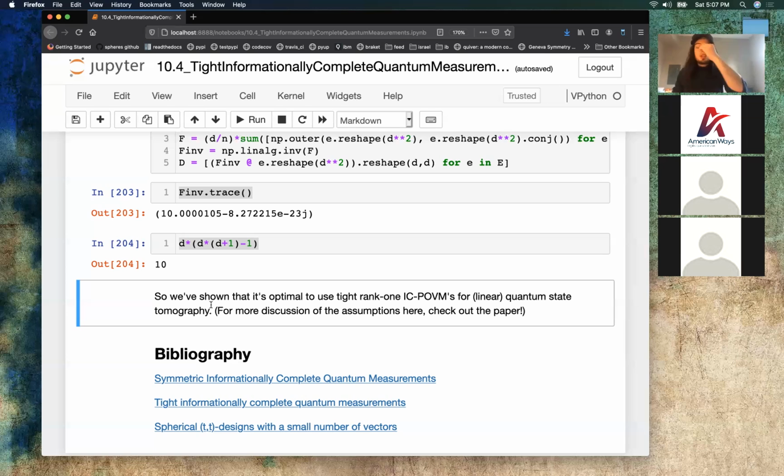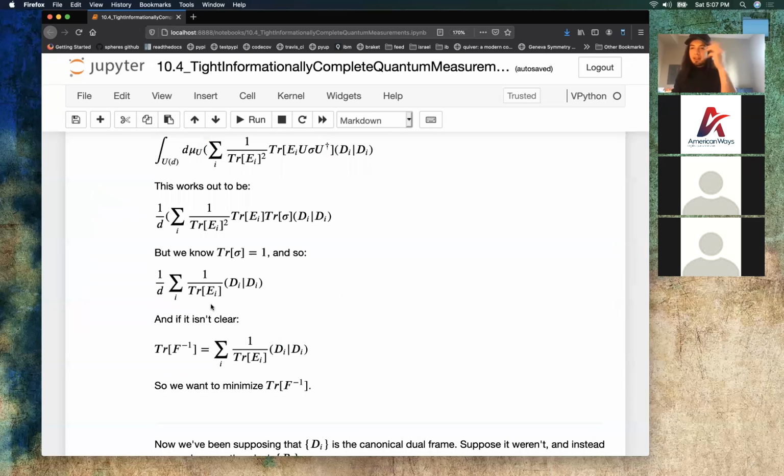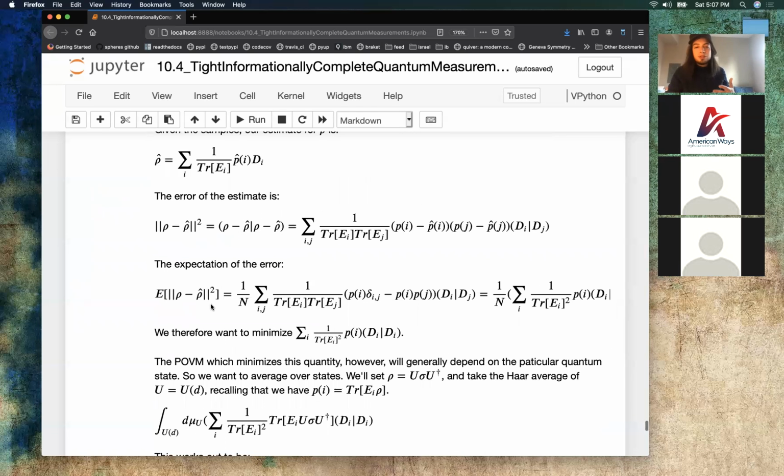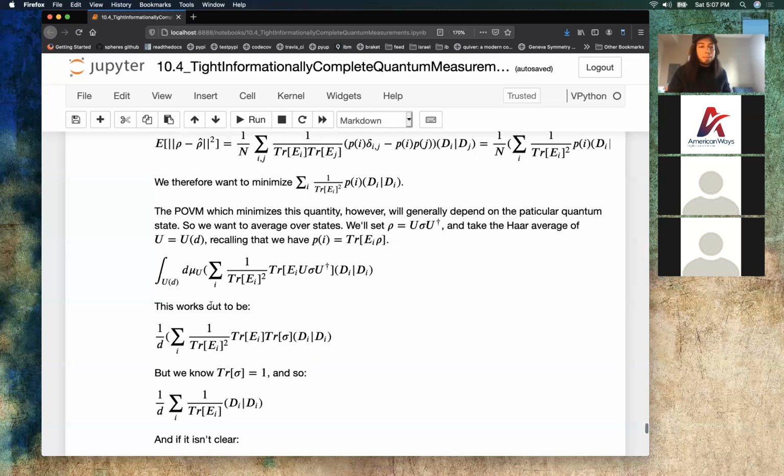There are other examples, mutually unbiased bases. And because the state reconstruction formula is as simple as possible, you might say they're optimal for doing state reconstruction using these special kinds of measurements. And so we gave this proof, which I may have breezed over certain steps for the sake of time.